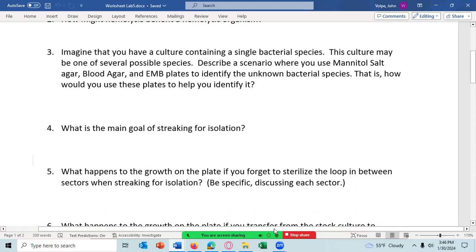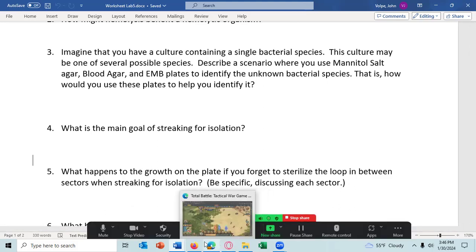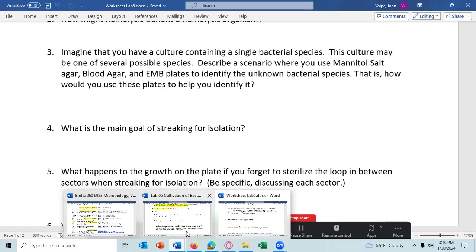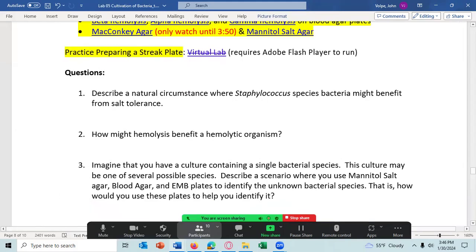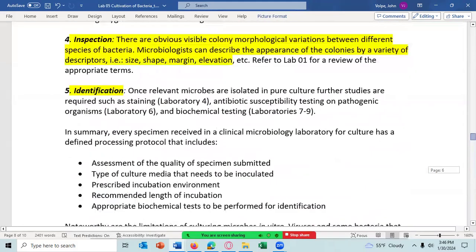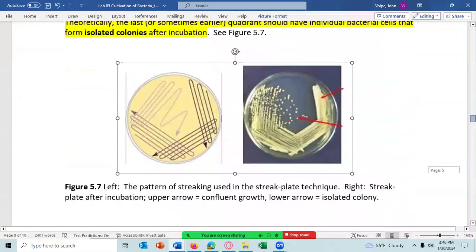So let's go to the picture here. What you're doing is you're sterilizing your loop, picking up your cells and streaking them in sector 1. Normally, you sterilize the loop and then streak through sector 1 to pick up the cells and streak out sector 2.